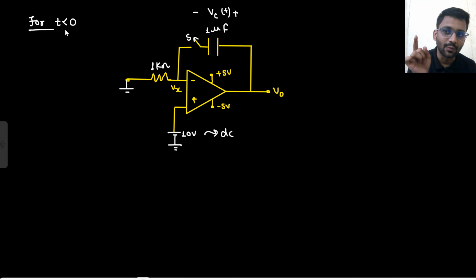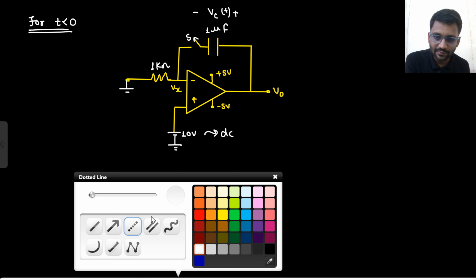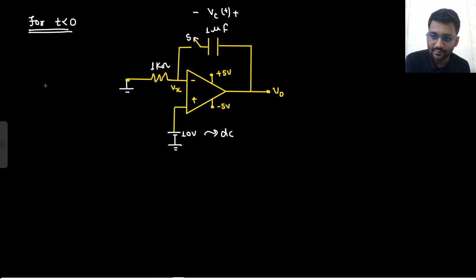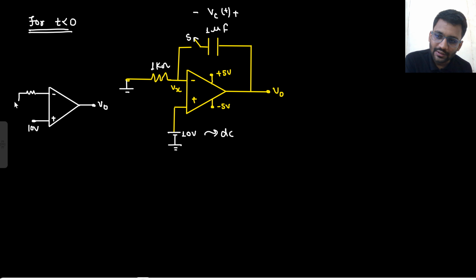For t less than 0, what is the circuit? There is an op-amp, and there is this output voltage. The positive terminal is connected to 10 volt, and the negative terminal is connected to a resistance which is connected to ground.